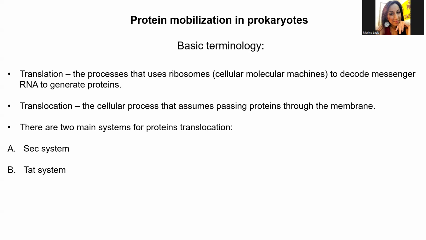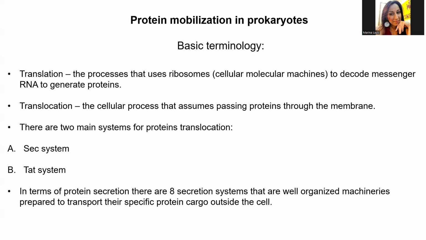Again, don't get confused: secretion systems are something completely different. The translocation system that we are going to talk about in this class is the Sec translocation system, which has co-translational and post-translational versions. That is easy, you will figure it out without any problem. But those two are the main translocation systems in the cell.